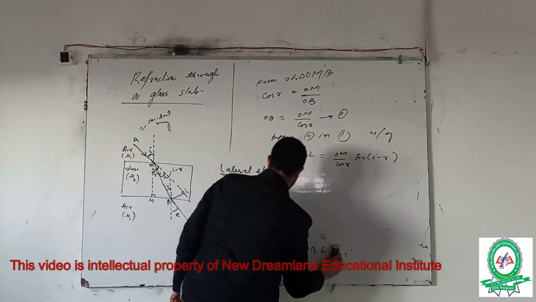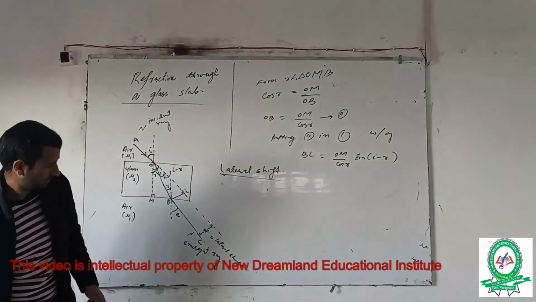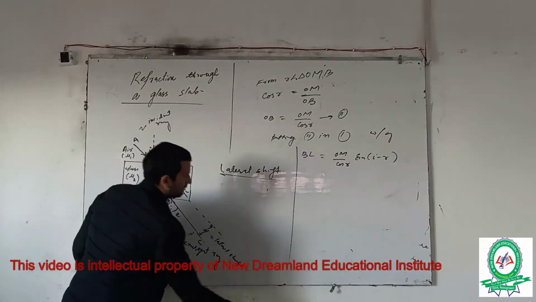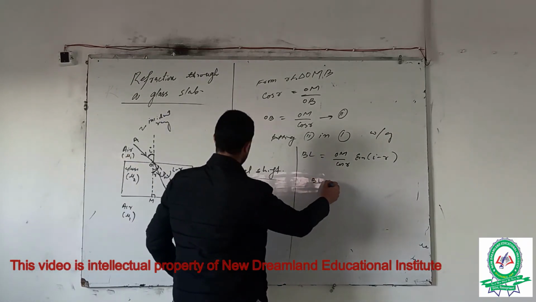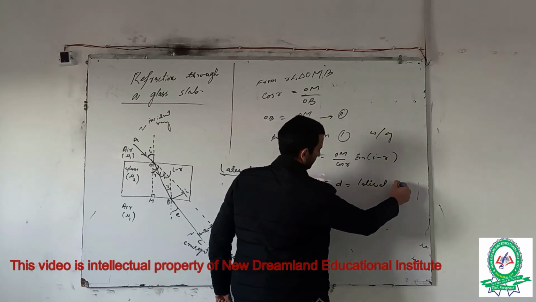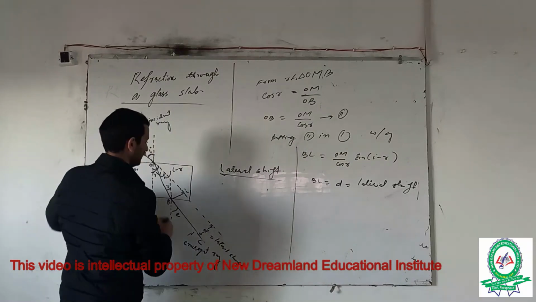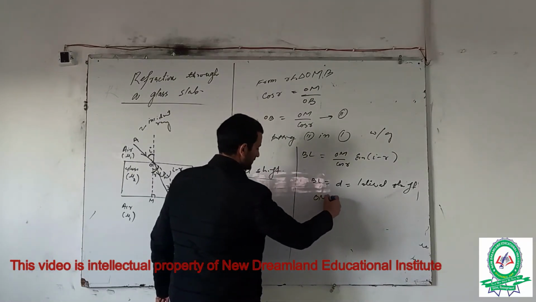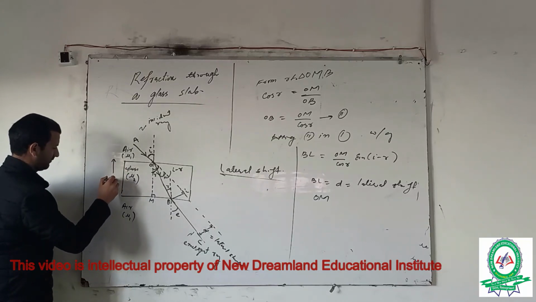Now BL is D and that is the lateral shift. And OM, let's call OM as T, that's the thickness of the glass slab.